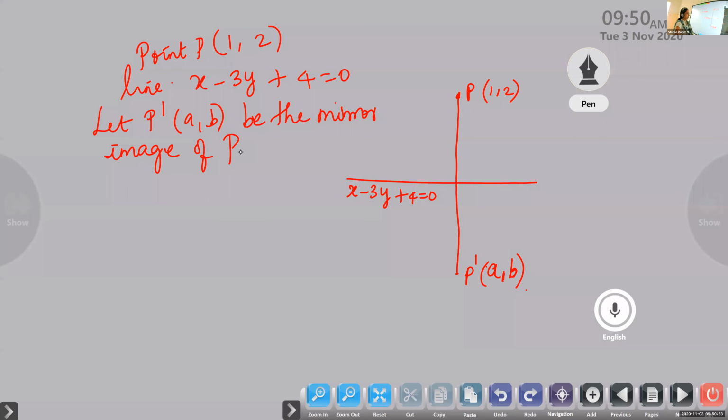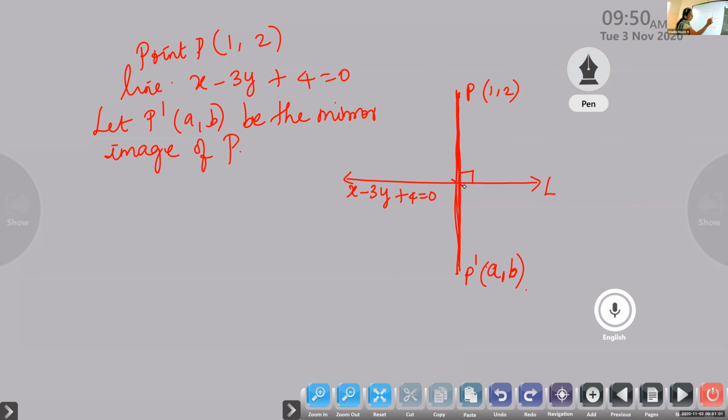In the previous question, we found out the foot of the perpendicular, isn't it? If you look at this line PP dash, what can you say about it with the line? Suppose I take this as line L. It will be perpendicular, isn't it?